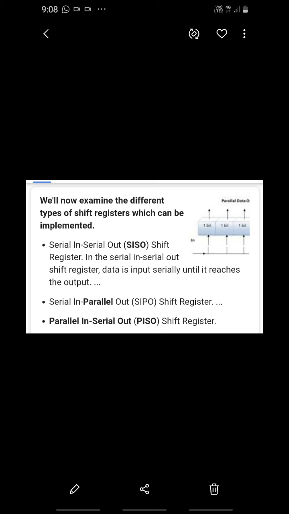So data shifting may be from right to left or left to right. If the data is shifted from left to right, the shift register is called a shift right register. If the data is shifted from right to left, then the shift register is called a shift left register.